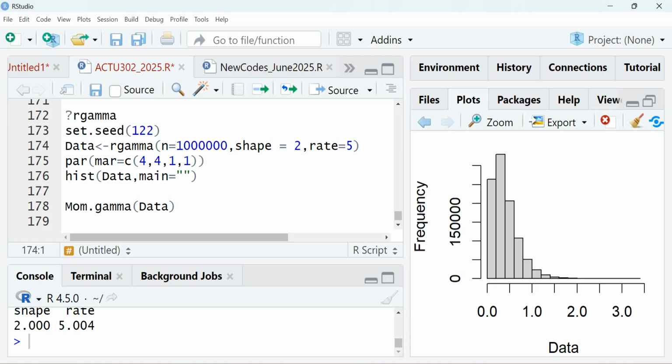Then for each of them, I'm going to calculate my shape and scale parameter. So at the end of the day, I'm going to get a matrix made up of what? 2 columns and what? R rows. Each row is what? The estimate.